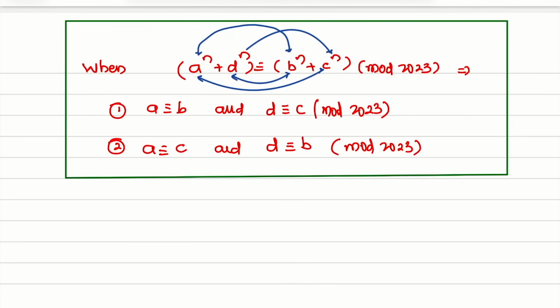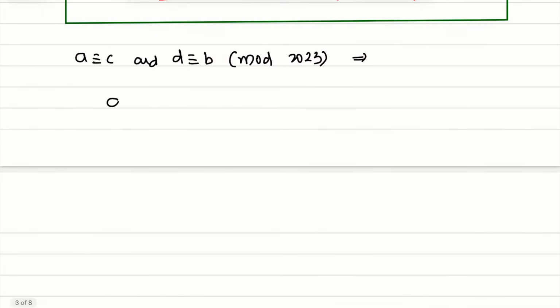Now, when A equivalent C and D equivalent B mod 2023 is considered, this implies A equivalent C mod 2023 and D equivalent B mod 2023.